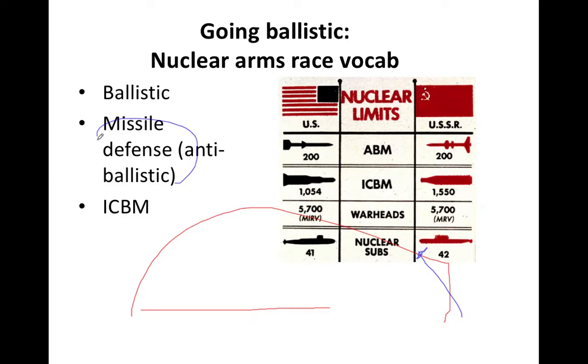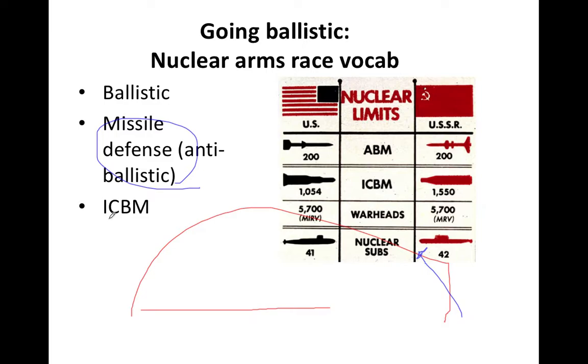Anti-ballistic missiles, or missile defense in general, you would think would be something that would be good, but it was considered somewhat dangerous because of the doctrine of MAD, mutually assured destruction. People were so scared of nuclear annihilation that they thought that actually protected us. They worried that if one side thought they could defend against a nuclear attack, they might actually launch nuclear weapons. So missile defense was always a tricky subject.